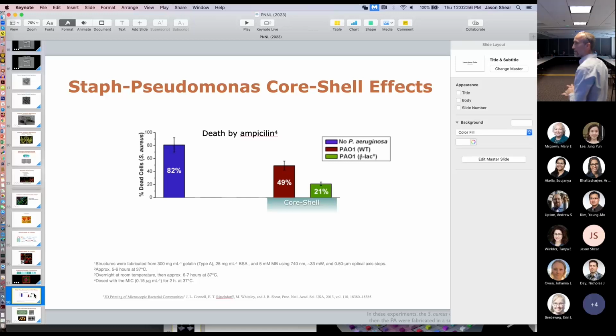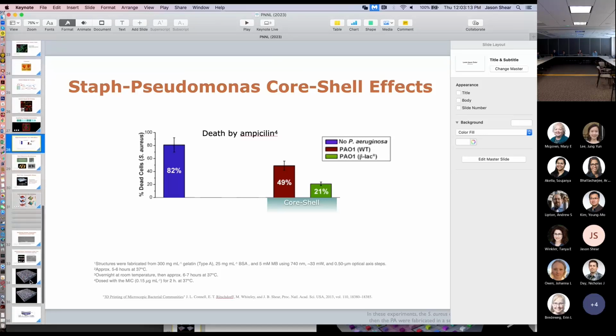So it really supports that mechanism. Not an amazingly surprising mechanism, but I think a nice demonstration that we can create these communities and look at how complexity of the community tunes the response of different cells.